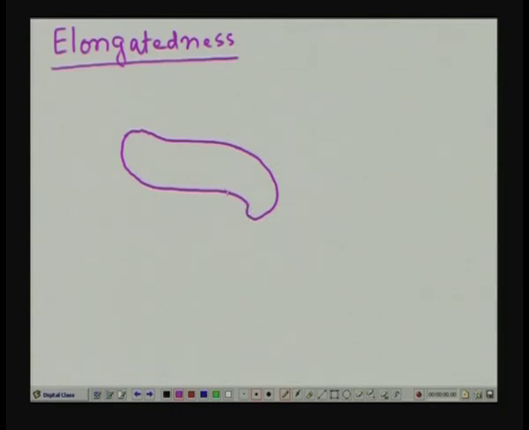So, something like this, and what I do is I find out a bounding rectangle of this region which is of minimum size. So, maybe such a bounding rectangle can be of this form.